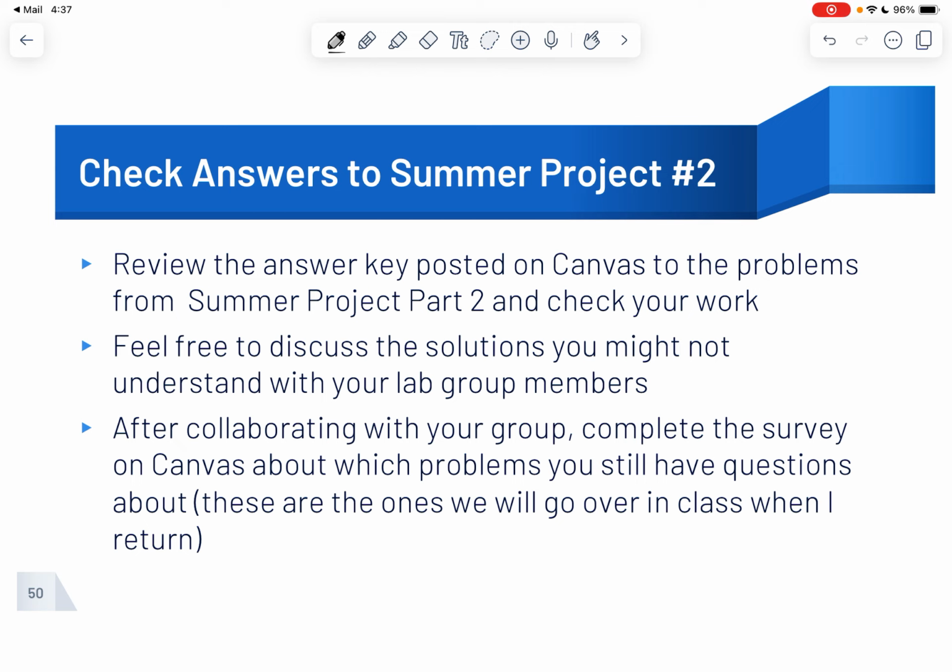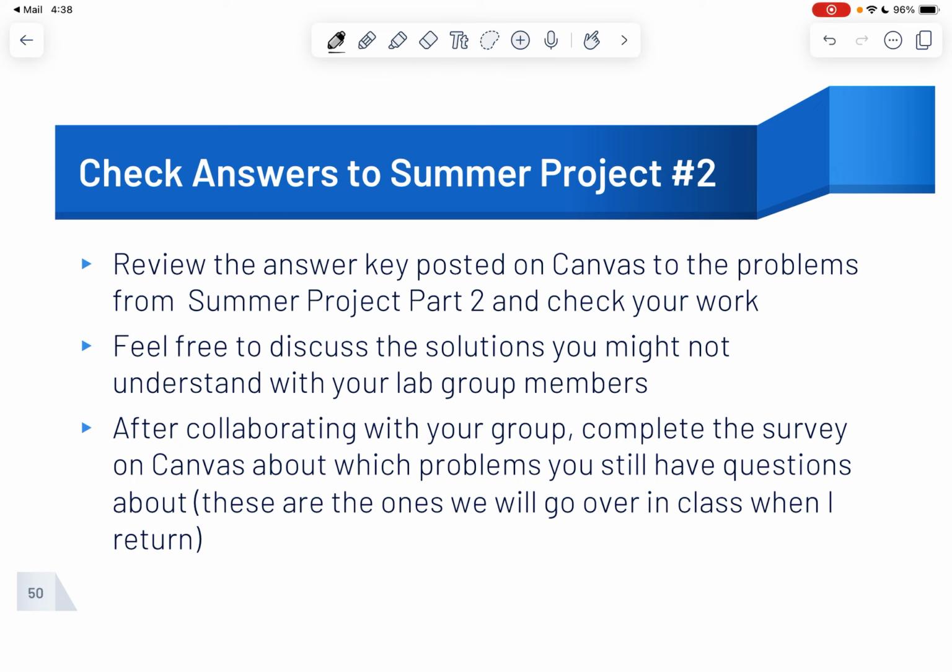If there's any ones that you are still unsure about, like you've discussed with your lab group and none of you are really sure why the right answer is the way that it is, there's a survey that we're going to ask you to fill out for that assignment on Canvas for the work for today. Basically, we're going to ask you to write out which problems those came from, whether it was a multiple choice question or a free response question, and what number it was.